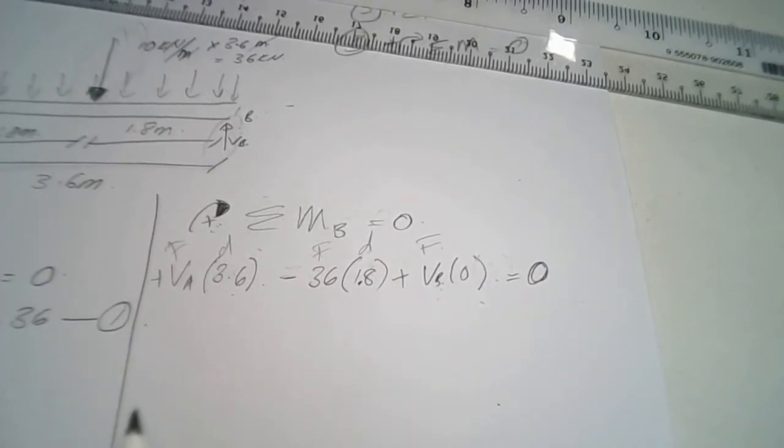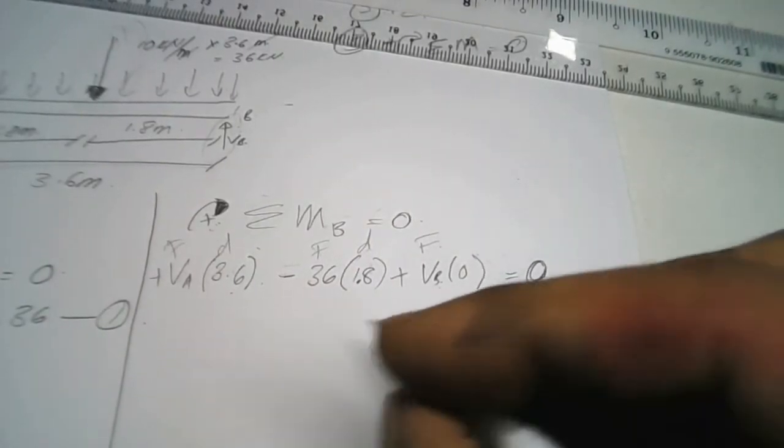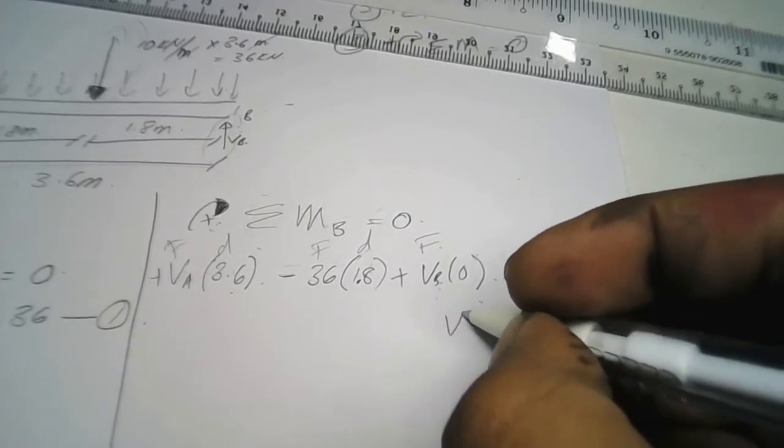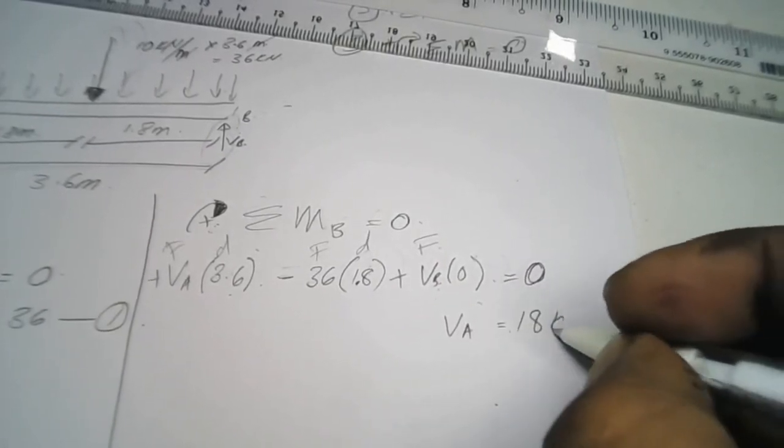So you have to solve this equation. Then at the end here, you will get VA equal to 18 kilonewton.